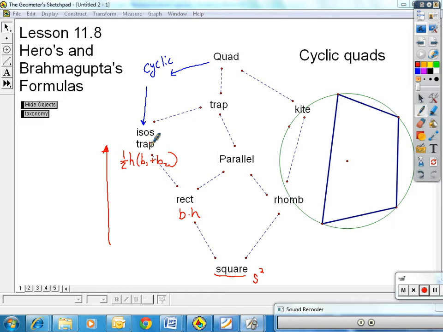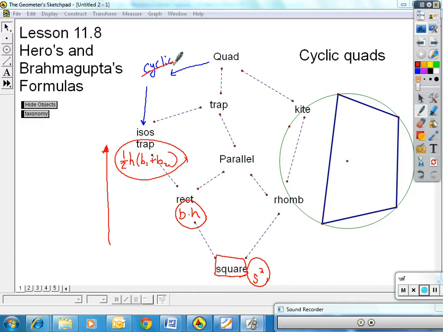The isosceles trap has got more motion than a rectangle does. And we can see here that my formulas for area are getting more complex. That's what I'm after here. In order to find the area of a square, I could use any of these three. And today we're going to learn a new one, cyclic.